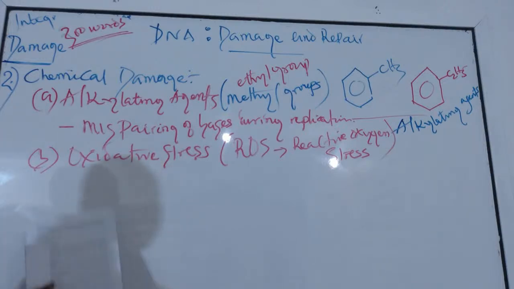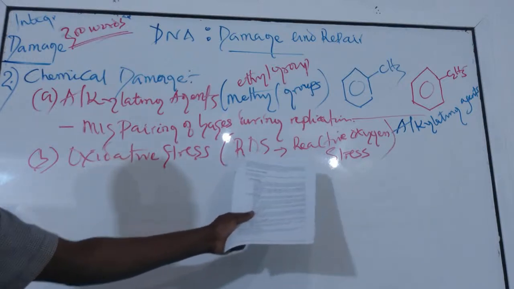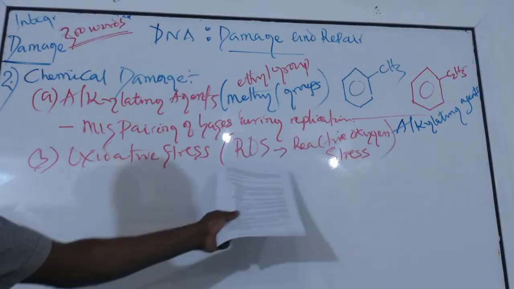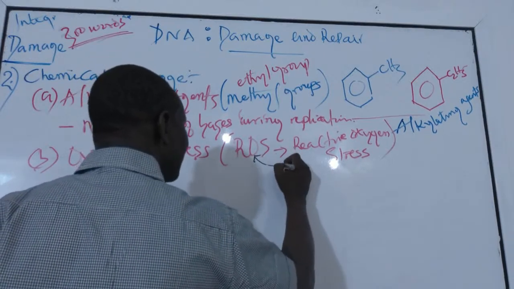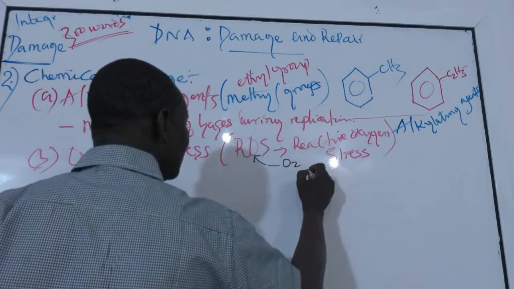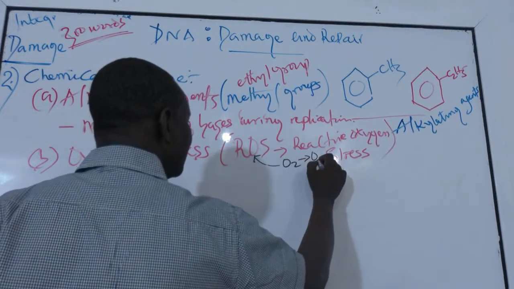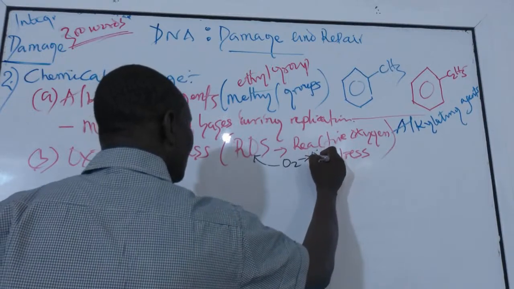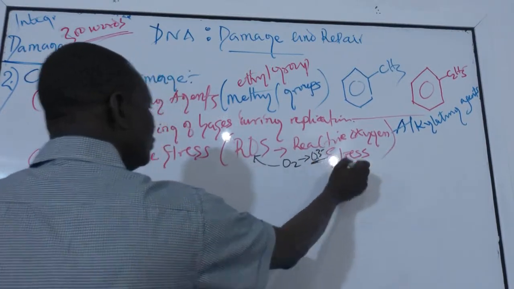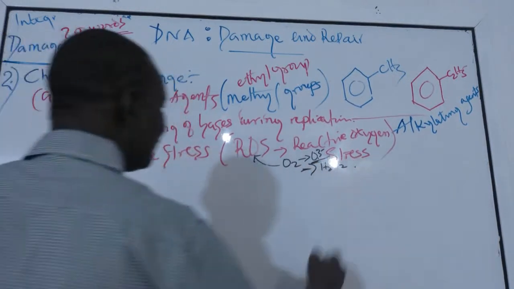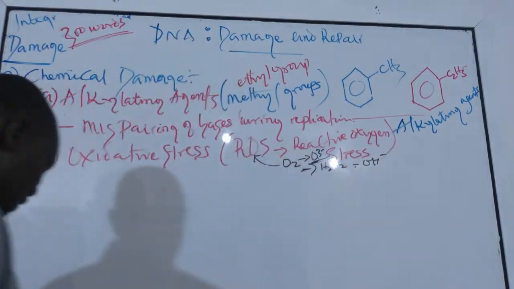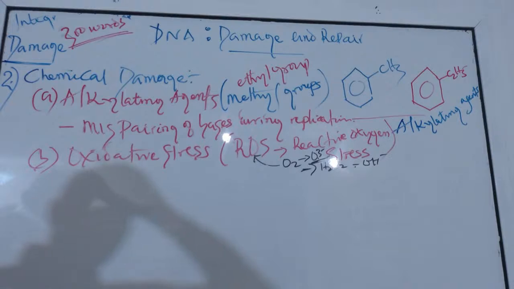There are some foods that lead to the release of ROS. Reactive oxygen stress means anything that reacts with oxygen to leave us with very poisonous ozone, or lead to the production of peroxide, and all these that give us OH and all the rest. All these are known as reactive oxygen stress compounds.